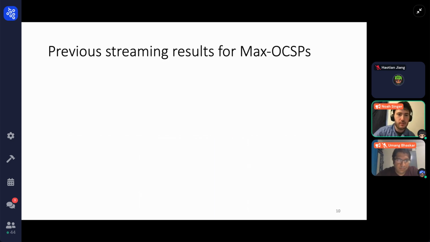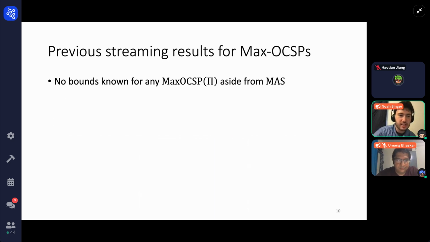So what was known previously before this work? At least to the best of our knowledge, there were no inapproximability results known for any max OCSP problem aside from the max acyclic subgraph problem, the first problem that I talked about at the beginning.